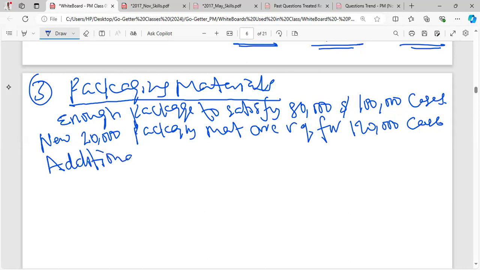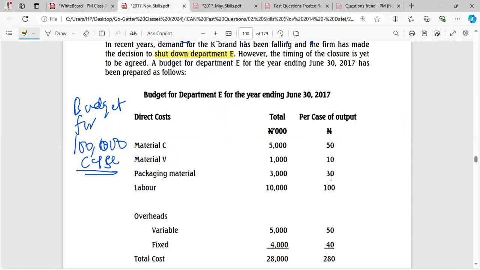So, let's say additional cost is 20,000 times, what is the cost per case? Packaging material per case of output, the cost is 30,000. Because if you multiply 30 times 100,000, it gives us this 3 million.